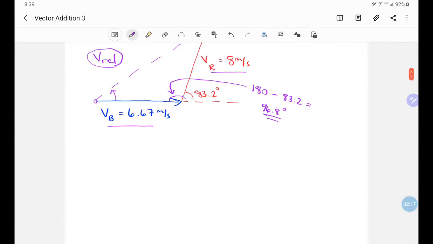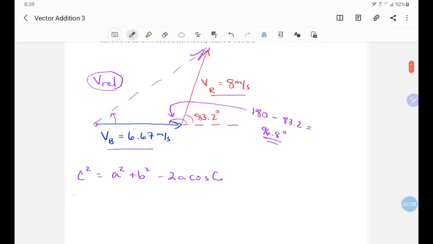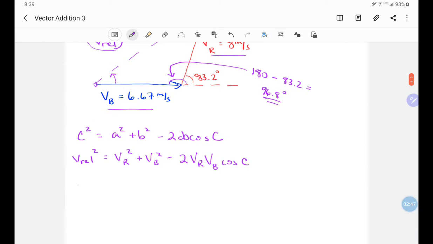The law of cosines is c squared equals a squared plus b squared minus 2ab cosine of C. So I will plug everything in. V relative squared equals VR squared plus VB squared minus 2 VR VB cosine of C. And from there, let's get some numbers.